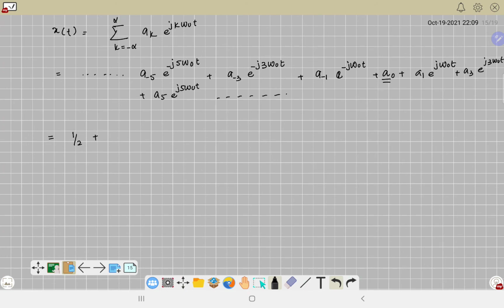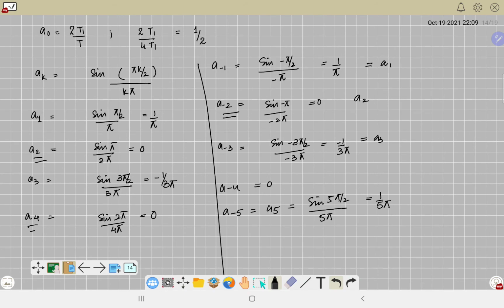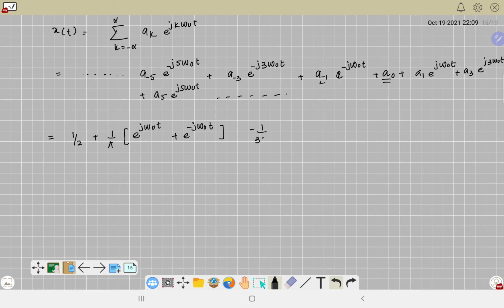Then because a minus 1 was the same as a1, I can take 1 by pi outside: e raised power j omega naught t plus e raised power minus j omega naught t. Similarly minus 1 by 3 pi, e raised power j3 omega naught t plus e raised power minus j3 omega naught t, and likewise.